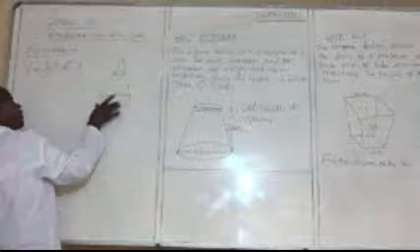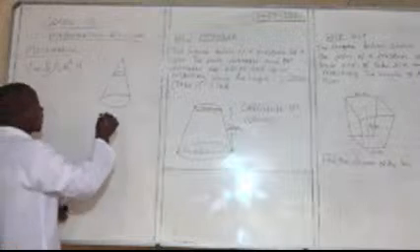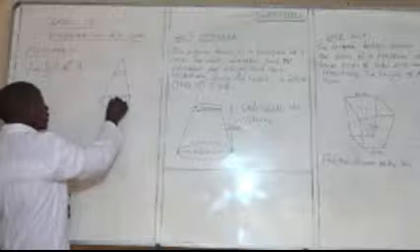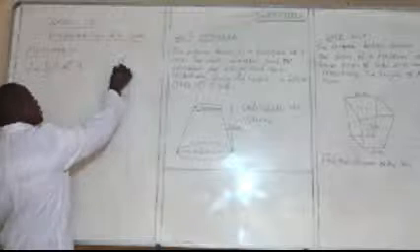The volume of the whole of this cone is 1/3 pi r squared times h. So h is the perpendicular height of this cone here. The perpendicular height is h, not the slant height.